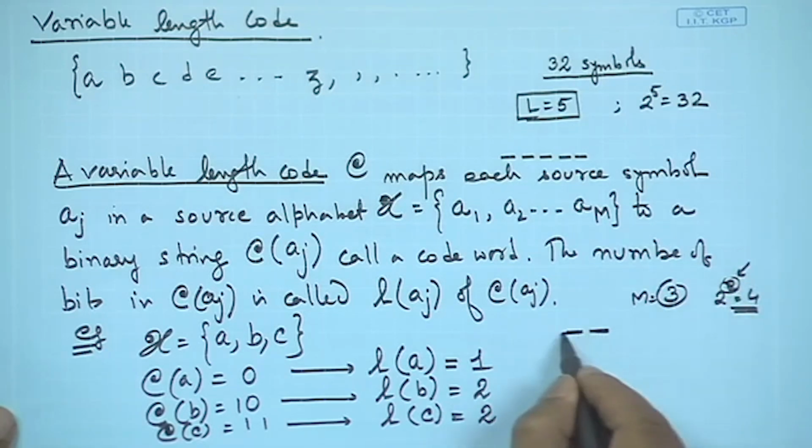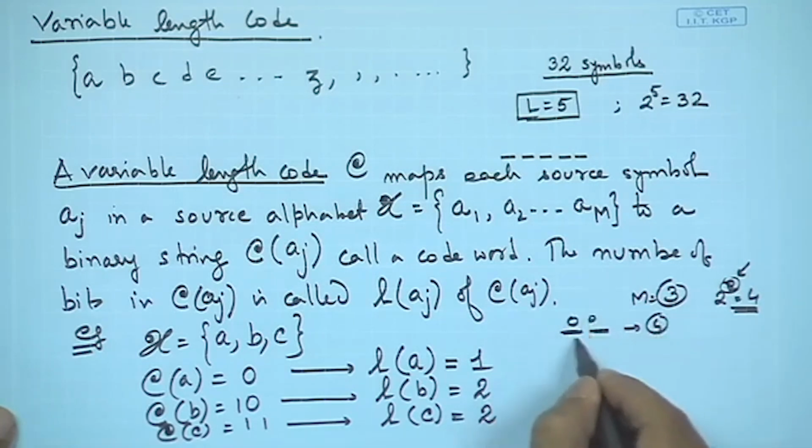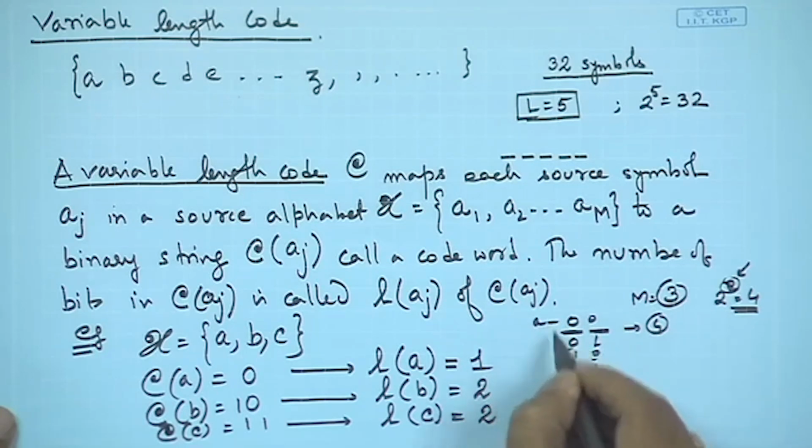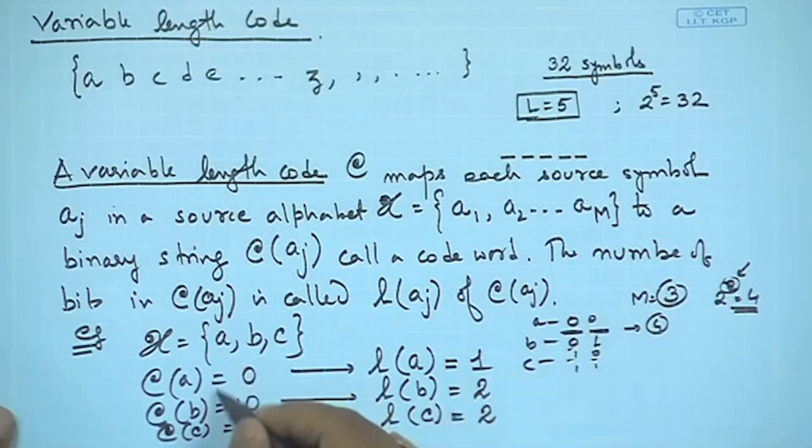We have 2 bits, and there are 4 possible outcomes: 00, 01, 10, 11. We could assign this to A, this to B, this to C, and this is not going to be used. So, every symbol is taking 2 bits, whereas here the first one is taking 1 bit, this is taking 2 bits, this is taking 2 bits.